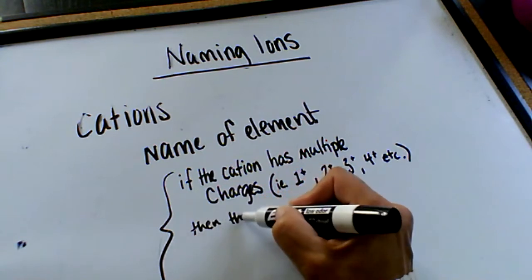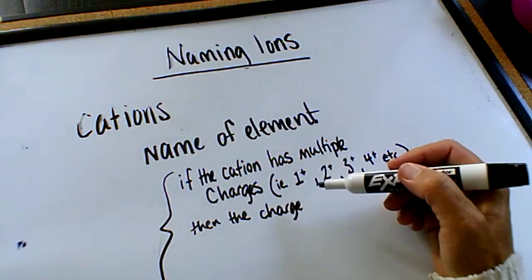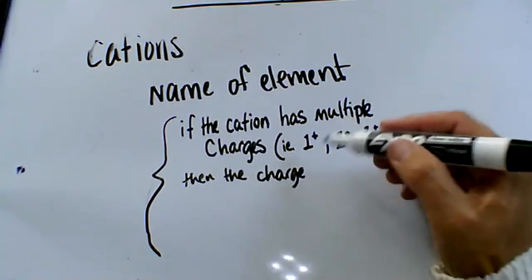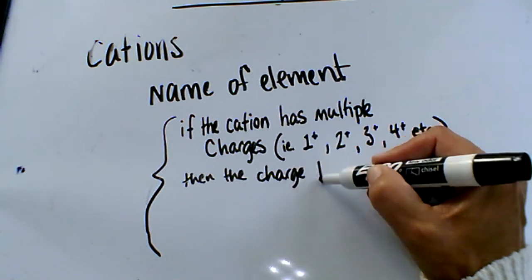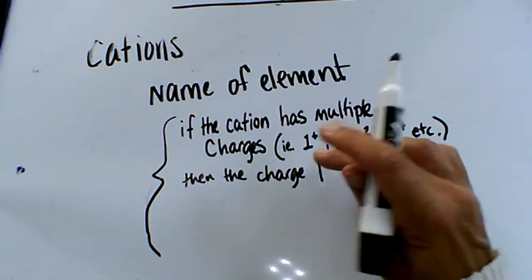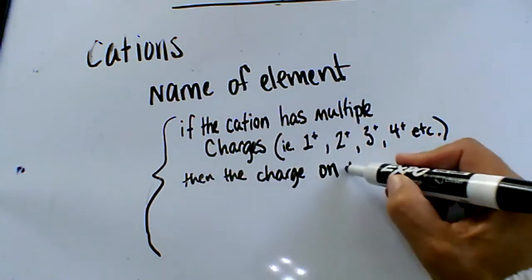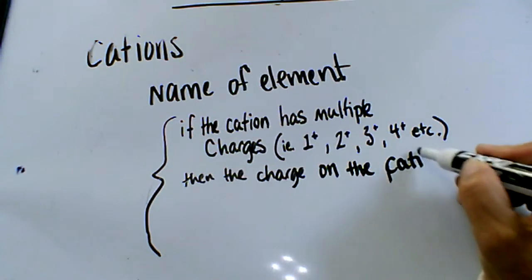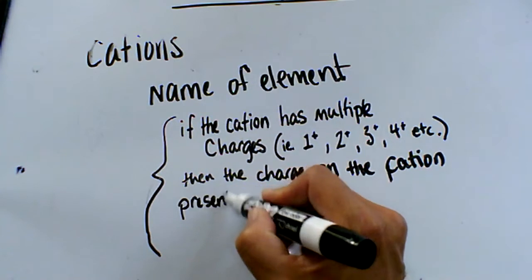Then the charge on the cation, the present charge, must be denoted.